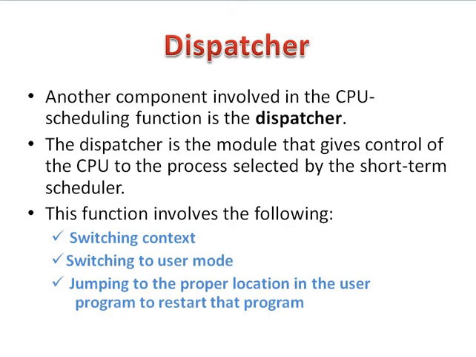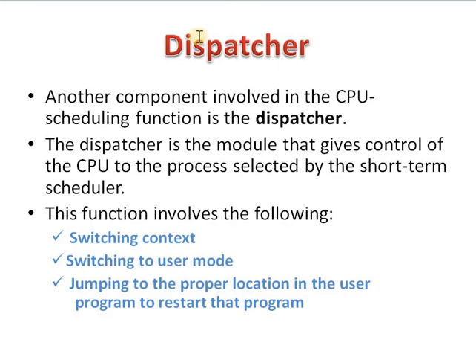The dispatcher receives the control in kernel mode as the result of an interrupt or a system call. Whenever any interrupt or any system call is executed in the operating system, then it receives the control. It receives that control in kernel mode.